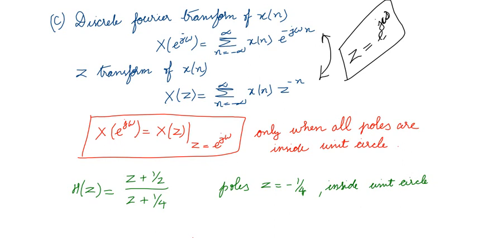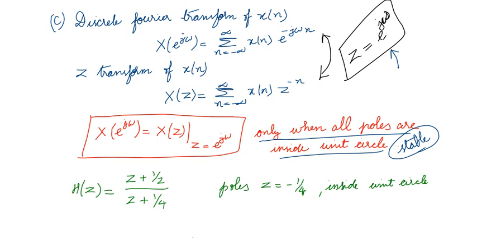In place of z, if I put e power j omega, I can convert from the z transform to the discrete Fourier transform. But the very important condition is that all the poles should be inside the unit circle, or I can say the system should be stable. Then only can I go for this shortcut, or else this is not true. Clear? All poles should be inside the unit circle.